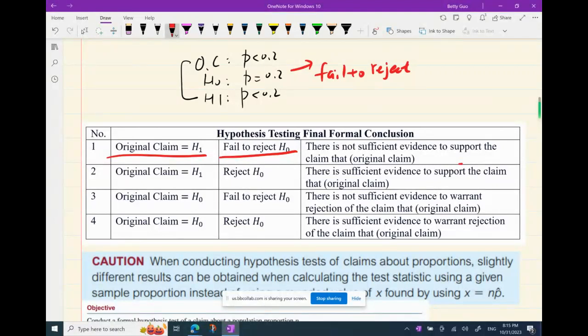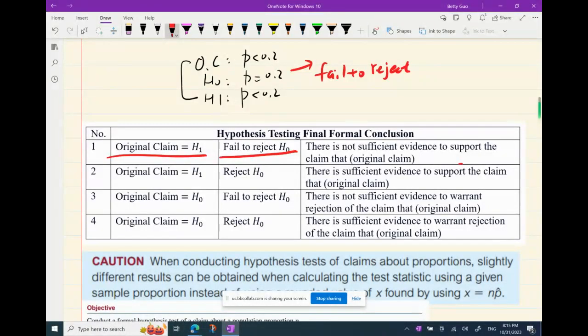If the null possibly could be correct, then you do not have sufficient evidence to support the original claim. So you kind of have a negative attitude toward the original claim, right? When you have more examples, more practice with different cases, you will feel the difference among the 4 cases. All right, guys.